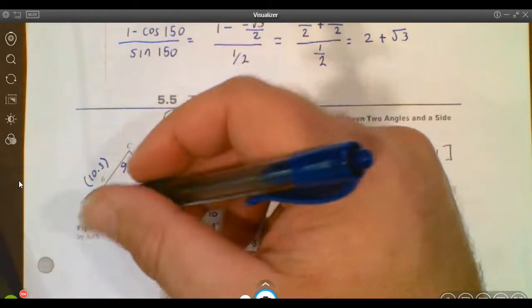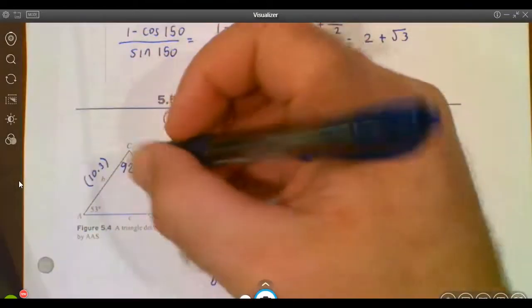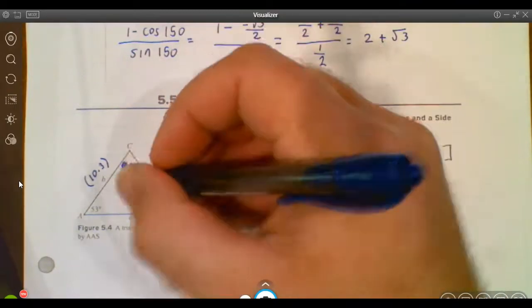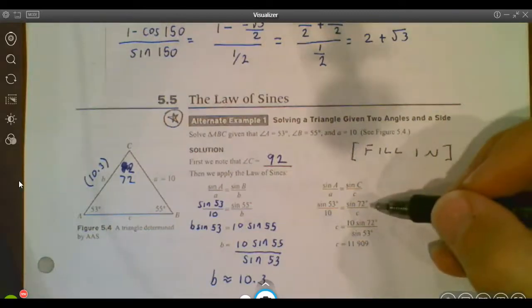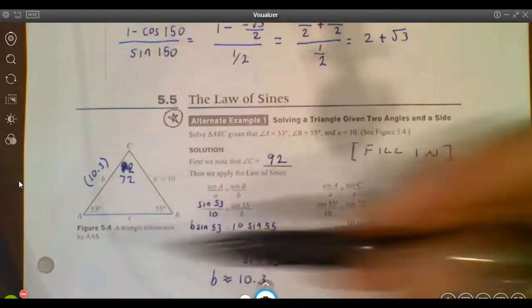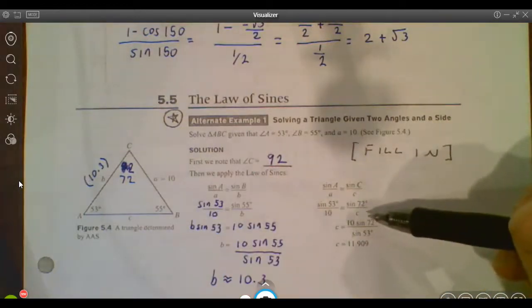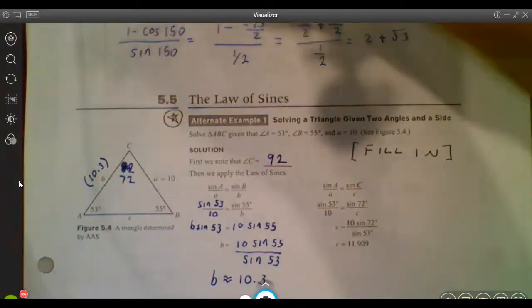You guys probably already noticed that. Those angles should have totaled 108, which is what I was subtracting from 180, so that should have been 72. So that's where this second ratio is coming from. Now we're getting sine 72 over c. Again, we can just cross multiply to solve and get that missing side the same way that we did on this one. All right, let me flip.